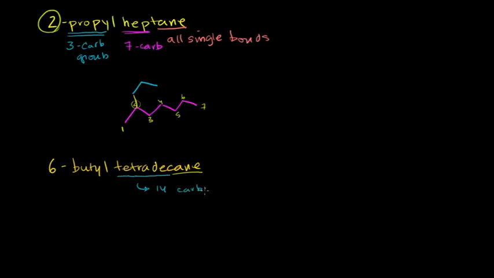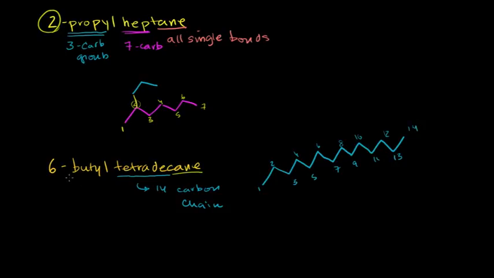So let's draw that. 1, 2, 3, 4, 5, 6, 7, 8, 9, 10, 11, 12, 13, 14 carbon chain. And if we number them, this tells us that the sixth carbon will be a butyl group.